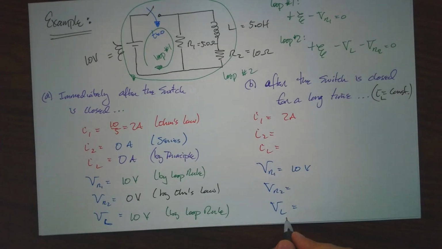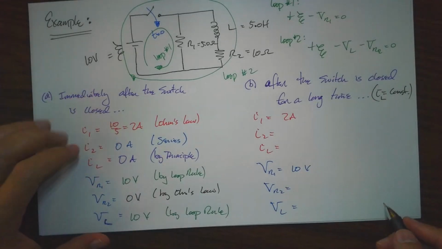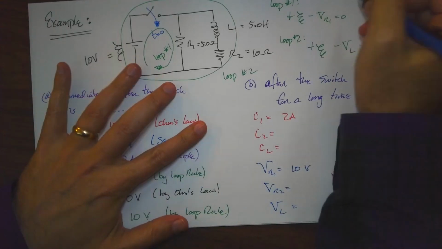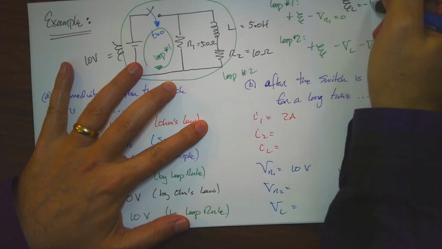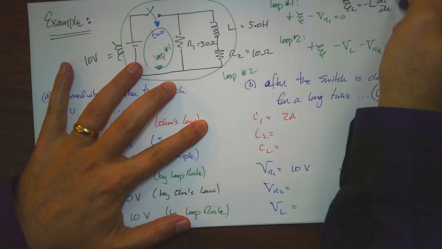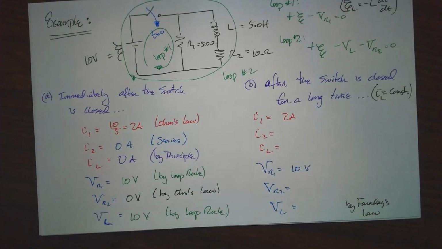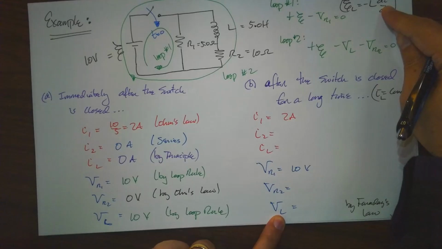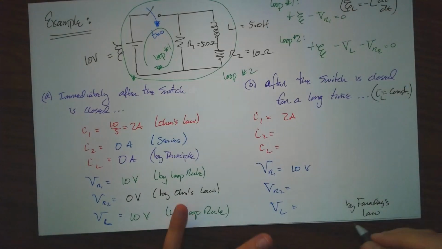Well, what's it going to be? Since this is that, once the current's constant, what do we get for a voltage across the inductor?